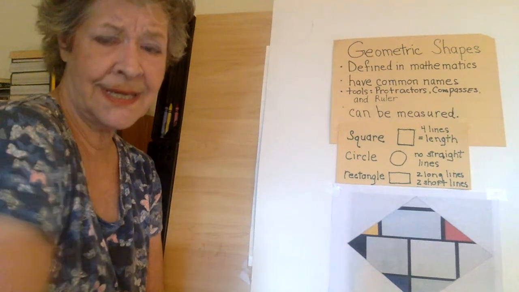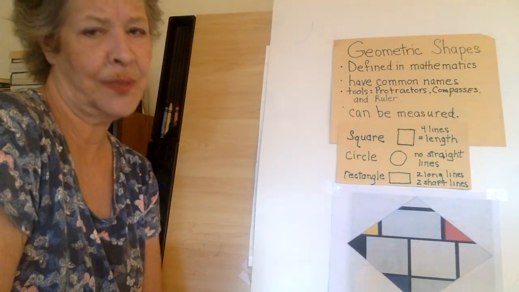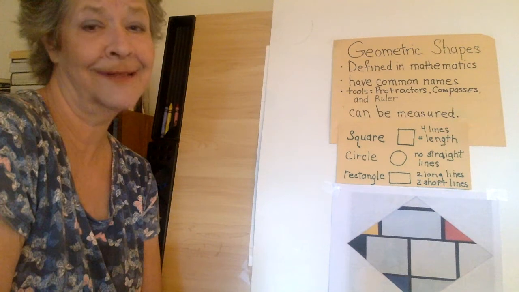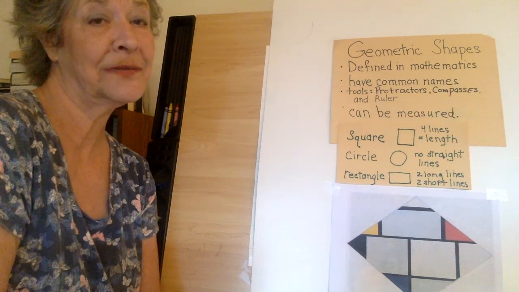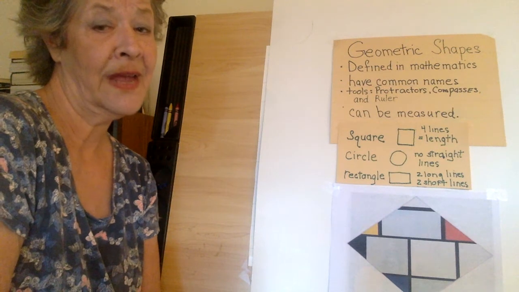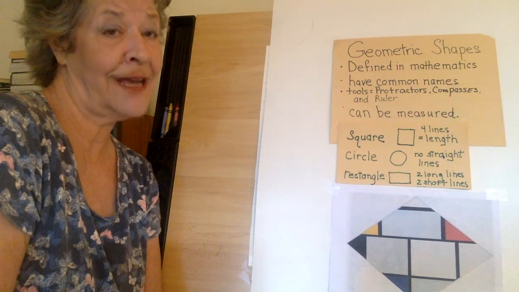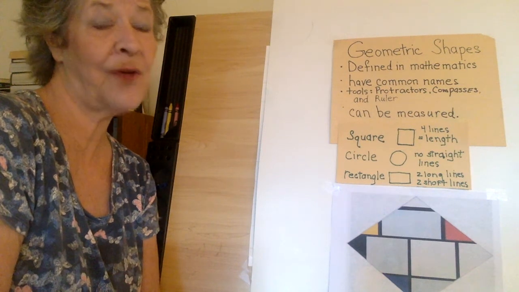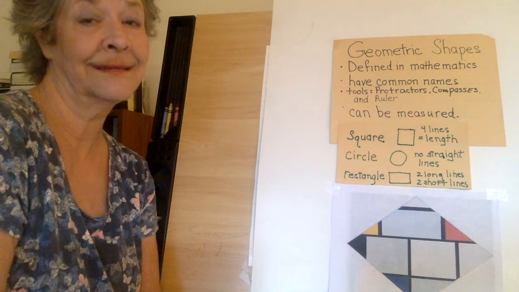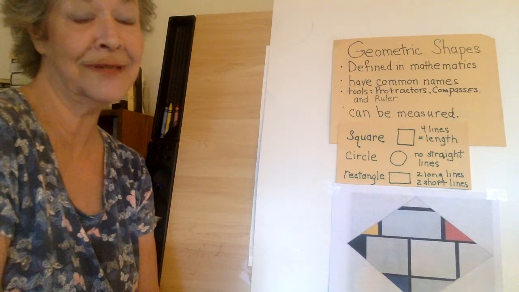Do you see a square in this picture? Where is it? How many squares do you see? Do you see triangles in this picture? How many triangles do you see? I'll give you time to count them.